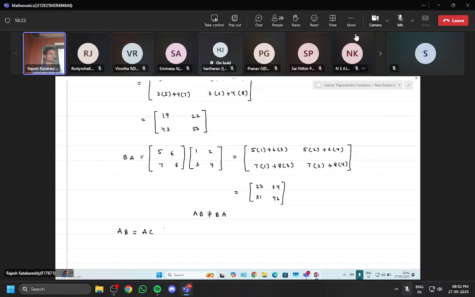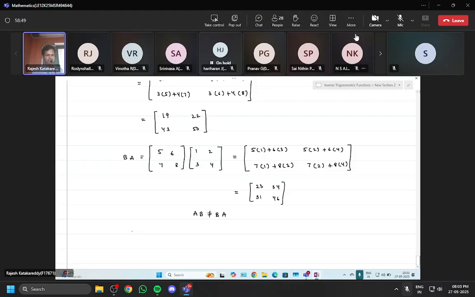A non-singular means the inverse exists. We are multiplying with the inverse on both sides. In functions, f composition f inverse is identity. In matrices, a matrix into its inverse is equal to the identity matrix. Cancellation law holds if it is a non-singular matrix, or else it won't.